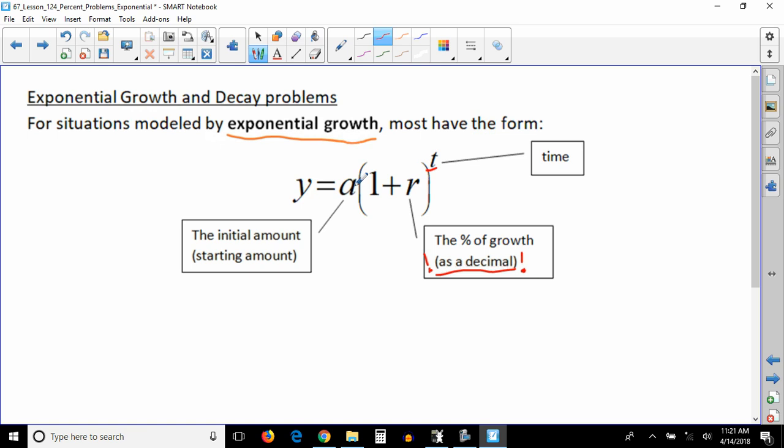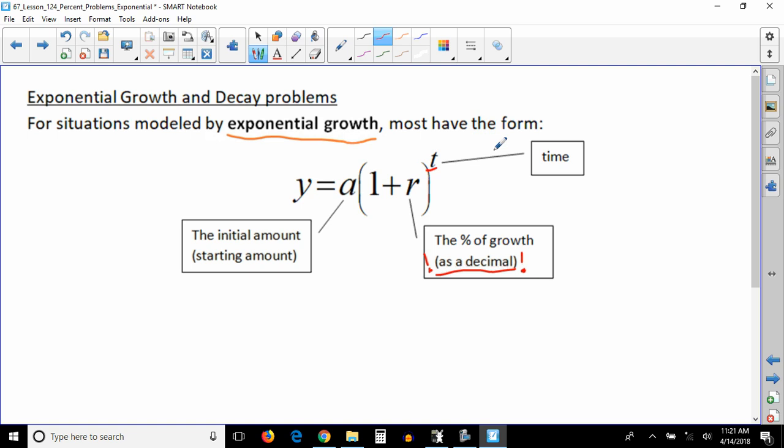So if it loses money every month, this could be in months. If it loses money every week, or if it gains money every week, those kinds of options all can change here. So time is just whatever the amount of time it takes to earn that interest rate. So if it takes a month to earn the interest rate, then that time is in months.